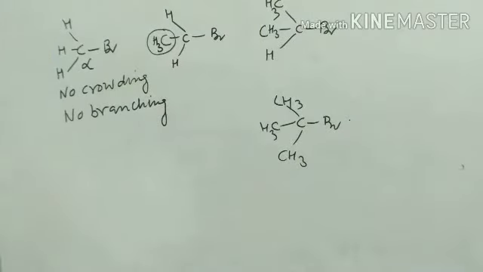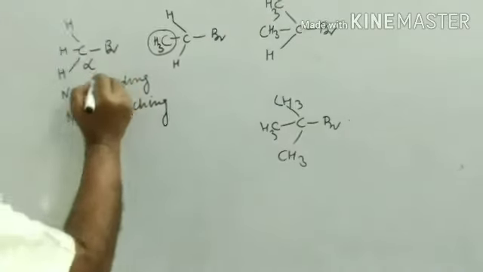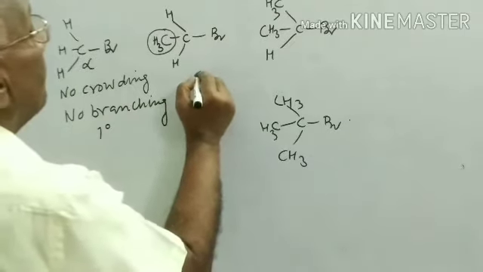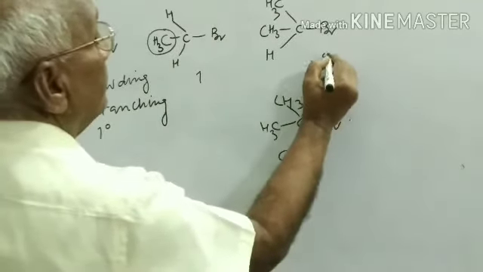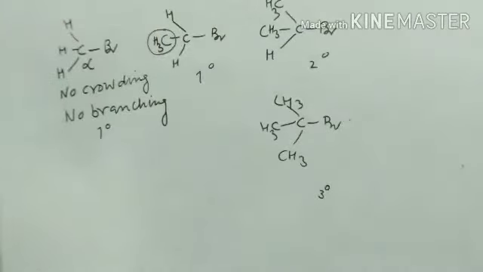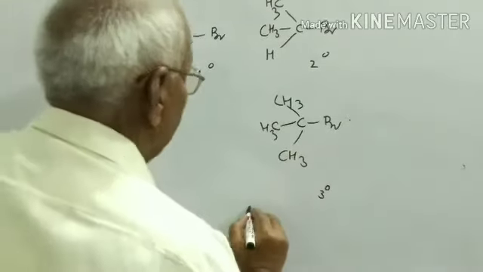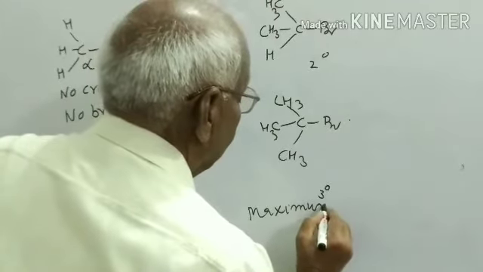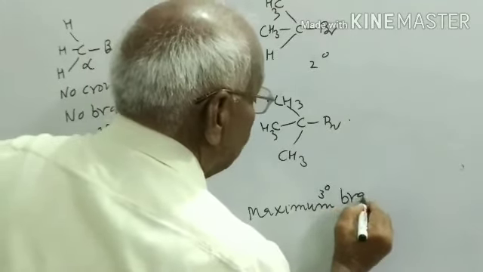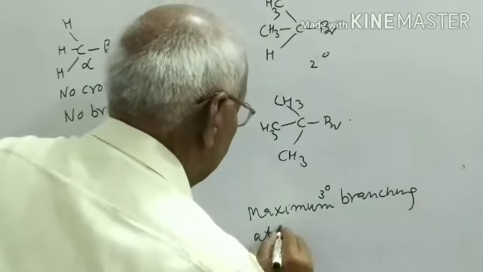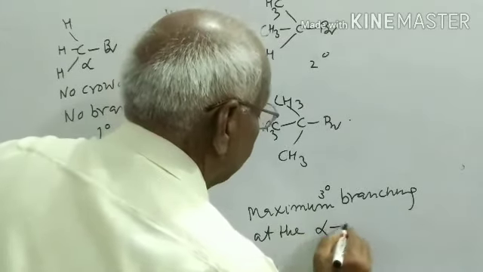So you see here, this is 1 degree, again this is 1 degree, this is 2 degree and this is 3 degree. The maximum branching is present in 3 degree, at the alpha carbon.